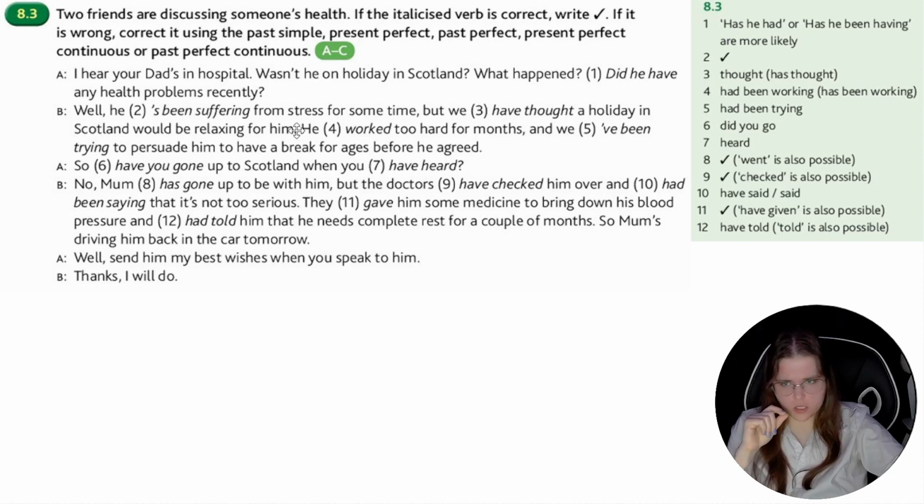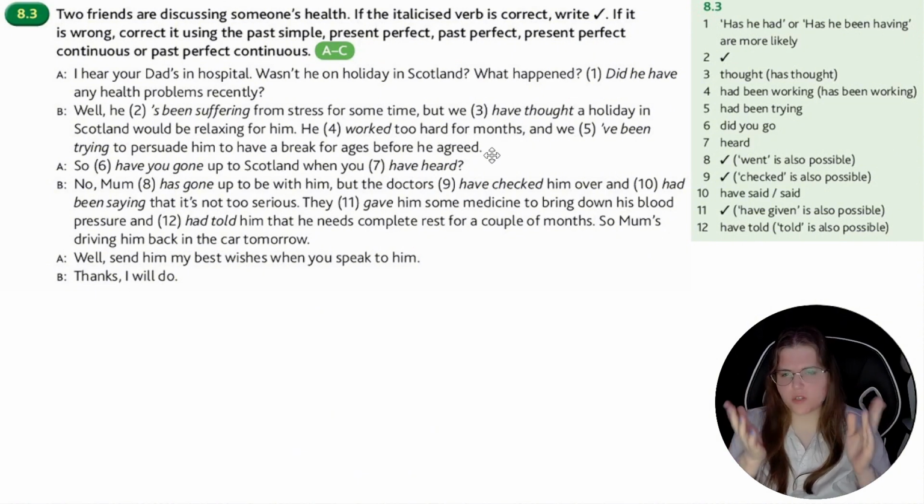We thought about it in the past, so past simple can be used, but have, not has with he, she, it. We have thought if the result of it by now is more important. He had been working or has been working hard for months, the duration, very long period of time.